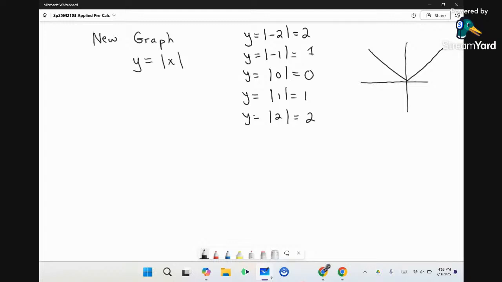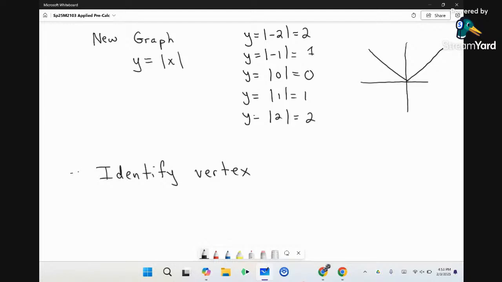So now, identify the vertex. From geometry, polygons like triangles and squares have a vertex, those little sharp points.